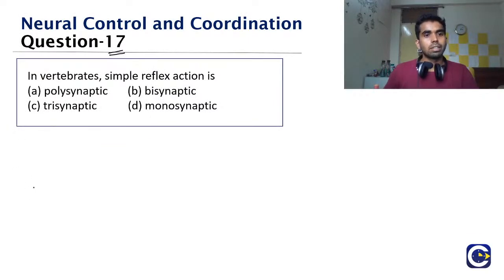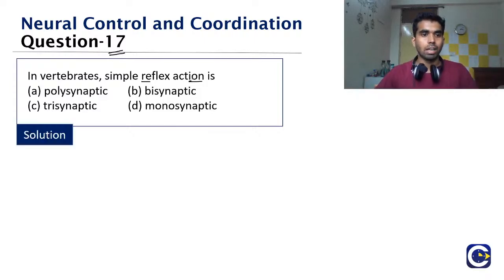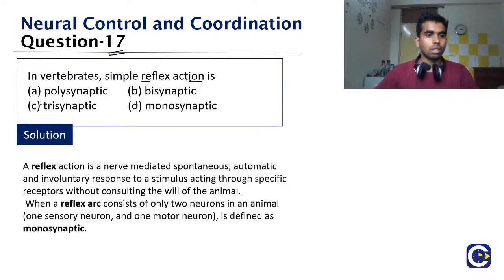In vertebrates, simple reflex action is. I told you a bit earlier what you mean by reflex action. Reflex action is the action that is not under your control, that occurs involuntarily, isn't it? Reflex action is the nerve-mediated spontaneous, automatic and involuntary response to a stimulus.